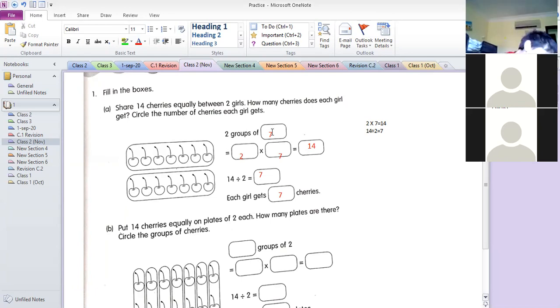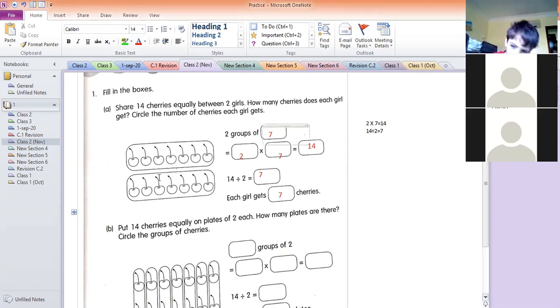In one group, how many cherries are there? Yes, 7 cherries. And how many groups are there? 2 groups. So 2 groups of 7 means 2 multiplied by 7. So 2 multiplied by 7 equals what? 14. Very good.